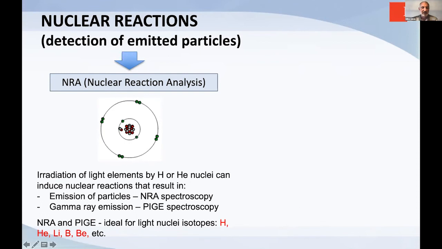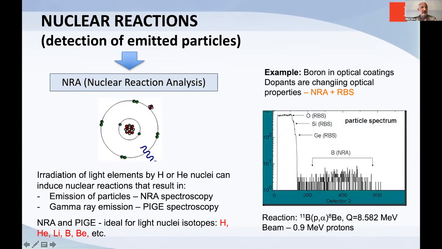On the basis of detection of these products, we see there are two types. Nuclear reaction analysis is the name used for the analysis by detection of particles, while PIGE spectroscopy is detection of gamma rays.